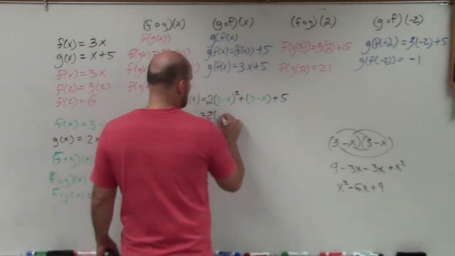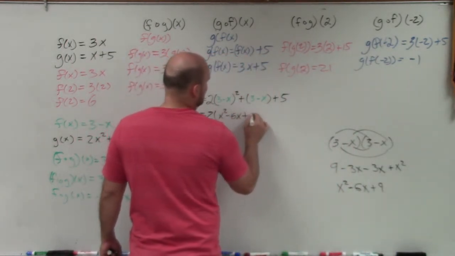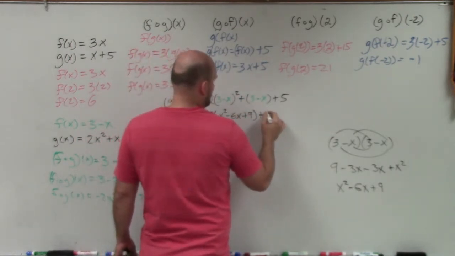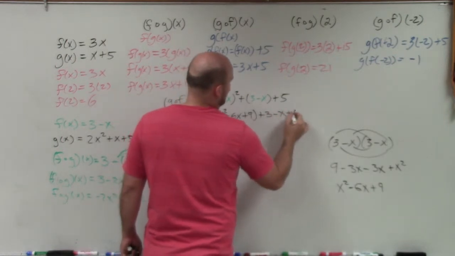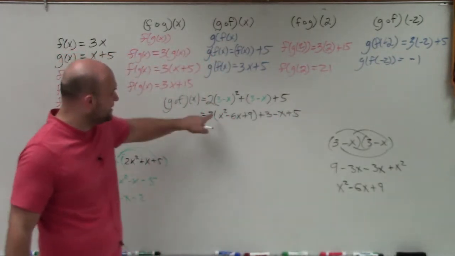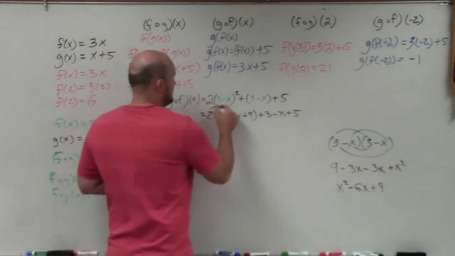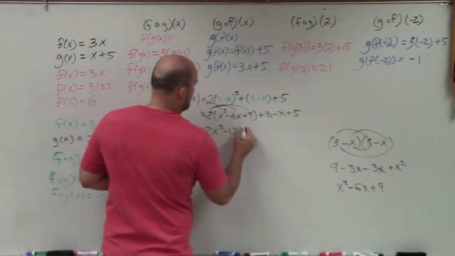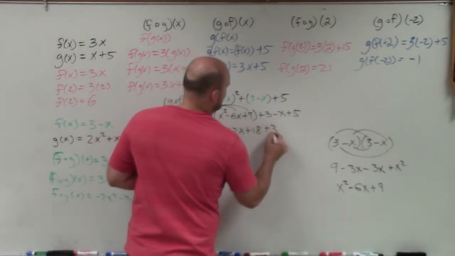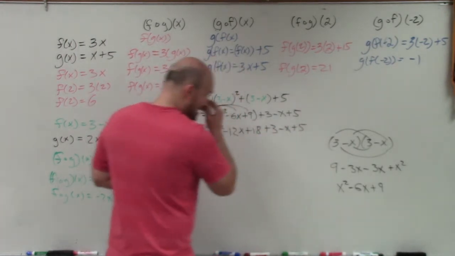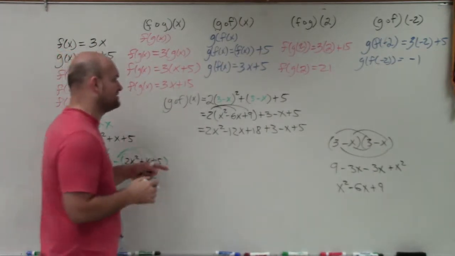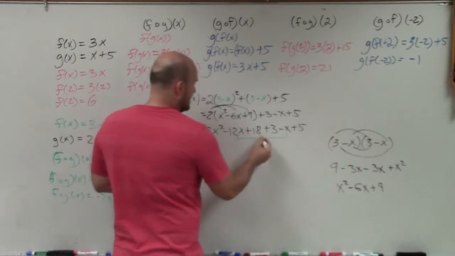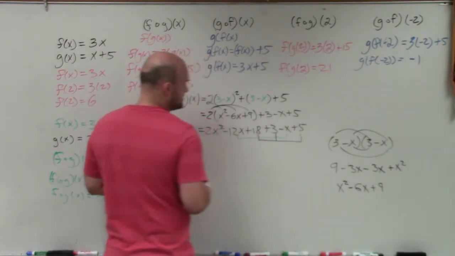So therefore, I have 2 times x squared minus 6x plus 9, plus 3 minus x plus 5. I really don't need parentheses around the 3 minus x, but I need to keep the parentheses around the first part because I need to apply the distributive property here. So therefore, I have 2x squared minus 12x plus 18 plus 3 minus x plus 5. I decided not to combine those yet, so now I can see what I can combine. Well, I can obviously combine my x's, and then I have all these numbers I can combine.